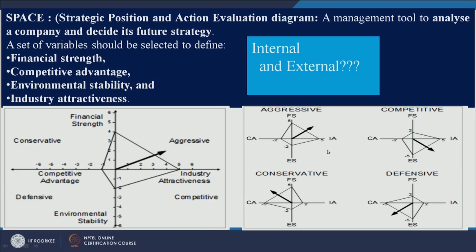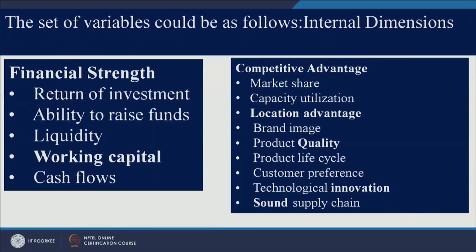These two are opposite to each other: aggressive strategy and defensive strategy. You have got competitive strategy in this case and conservative strategy in the other. So depending upon your situation in a particular quadrant, you should adopt an appropriate strategy.